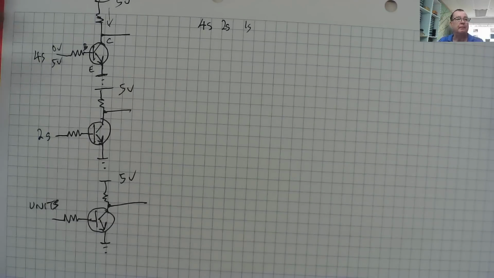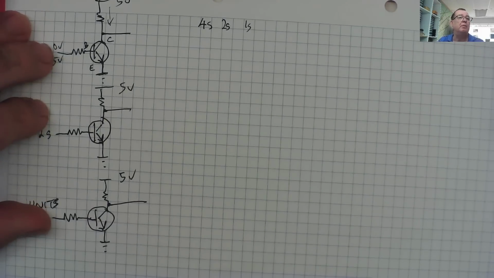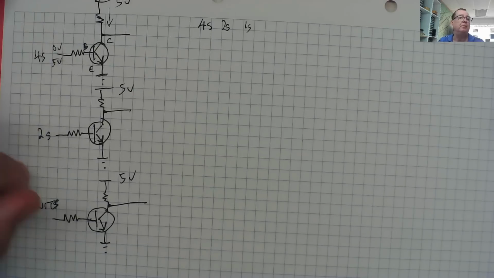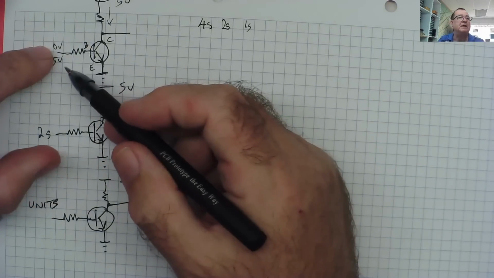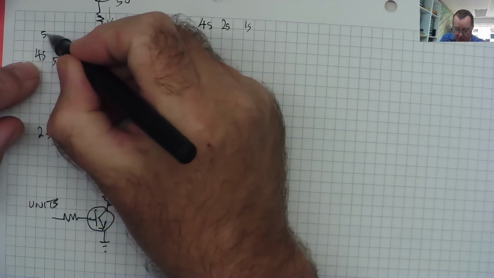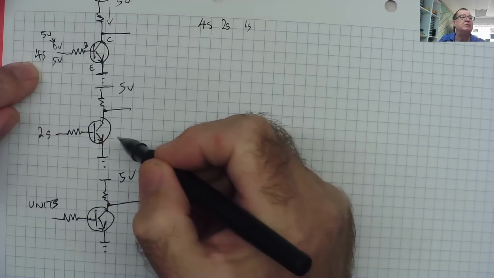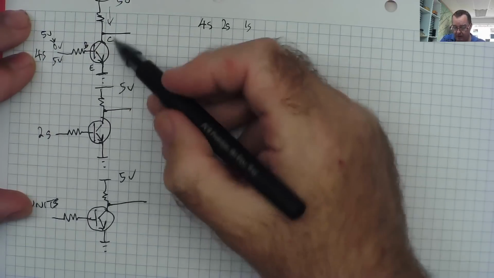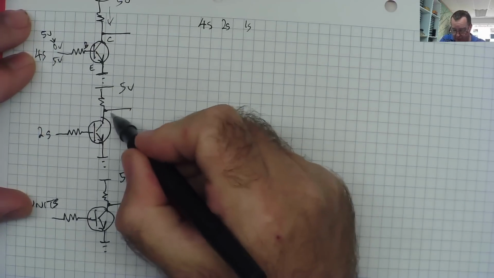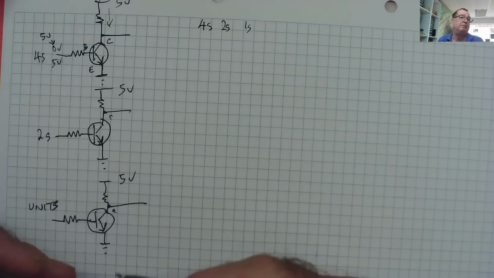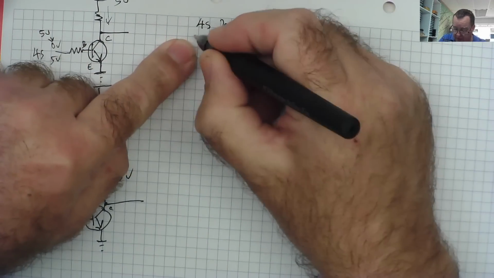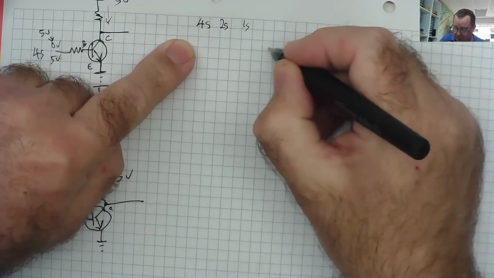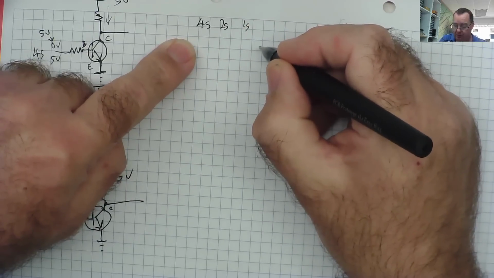Well, we'll start off with all the transistors turned on. They're all on, by which I mean there is 5 volts coming into the resistor on each one. So all the collectors will be 0 volts. This column is the voltages we see effectively on the collectors.